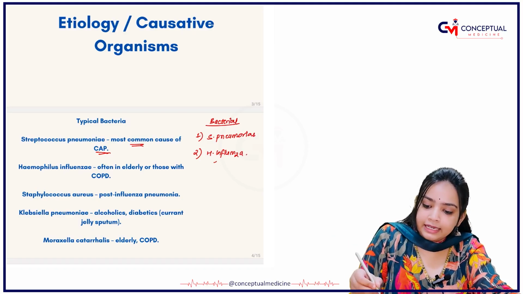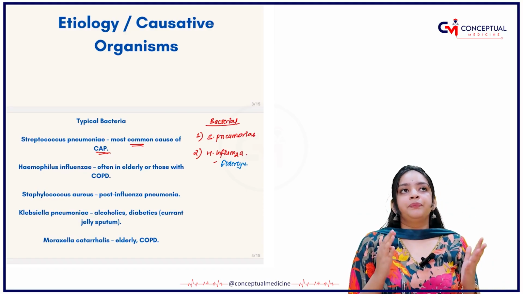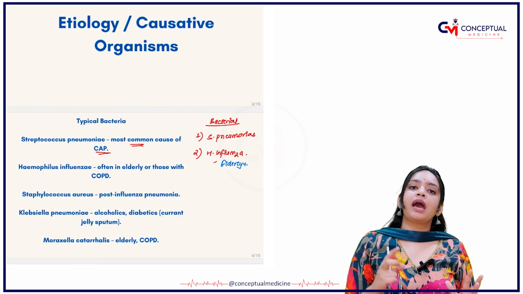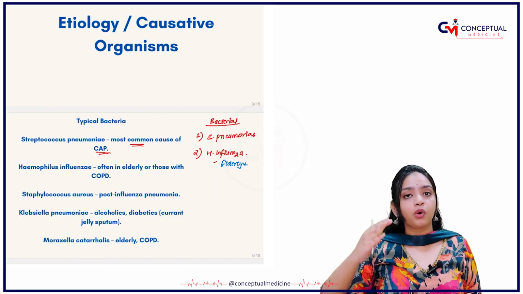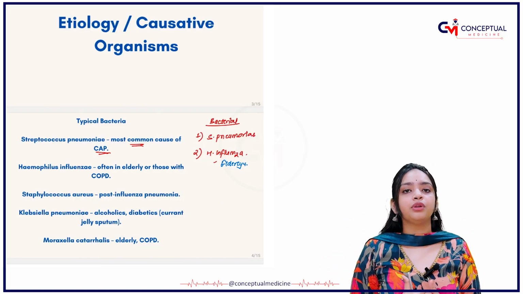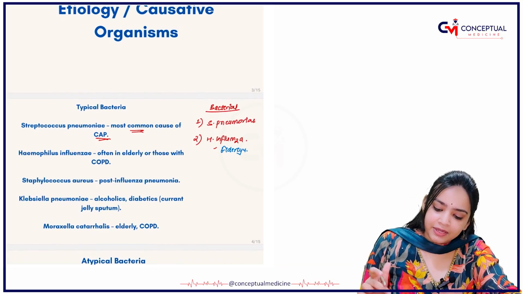It is mainly seen in the elderly. On the basis of the organism, you will be able to diagnose a case. So it's very important to know the causative agent of that particular disease, right?